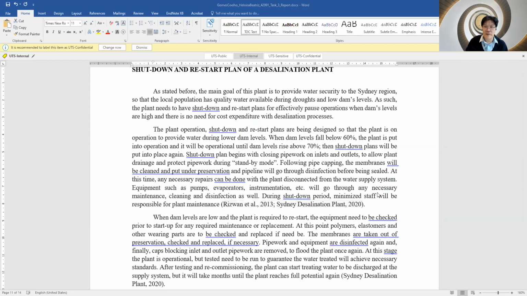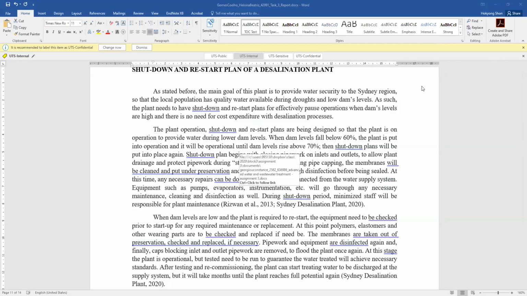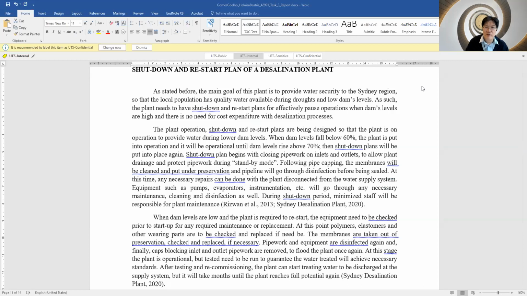This Word document that you are showing right now, this is not on Canvas, right? This is not Canvas. This is from last year, one of the student examples of how they address the shutdown and the restart of the desalination plant.